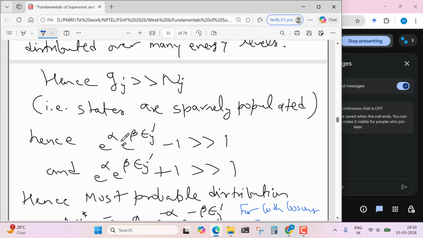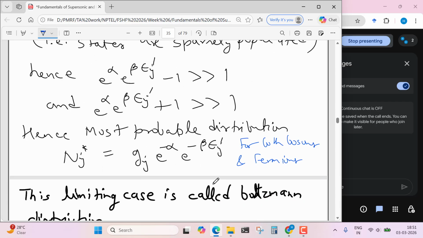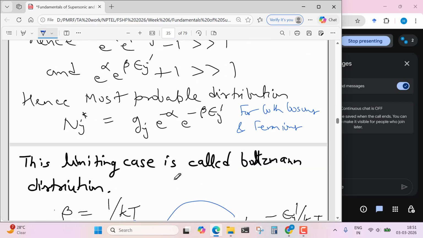Hence e to the power alpha e to the power beta epsilon j dash minus 1 is very much greater than 1, and e to the power alpha e to the power beta epsilon j dash plus 1 is very much greater than 1. So we'll ignore this one. For fermion and boson, in both cases, we get the most probable distribution Nj star equal to Gj e to the power minus alpha e to the power minus beta epsilon j dash. This is called the limiting case. This limiting case is called the Boltzmann distribution.